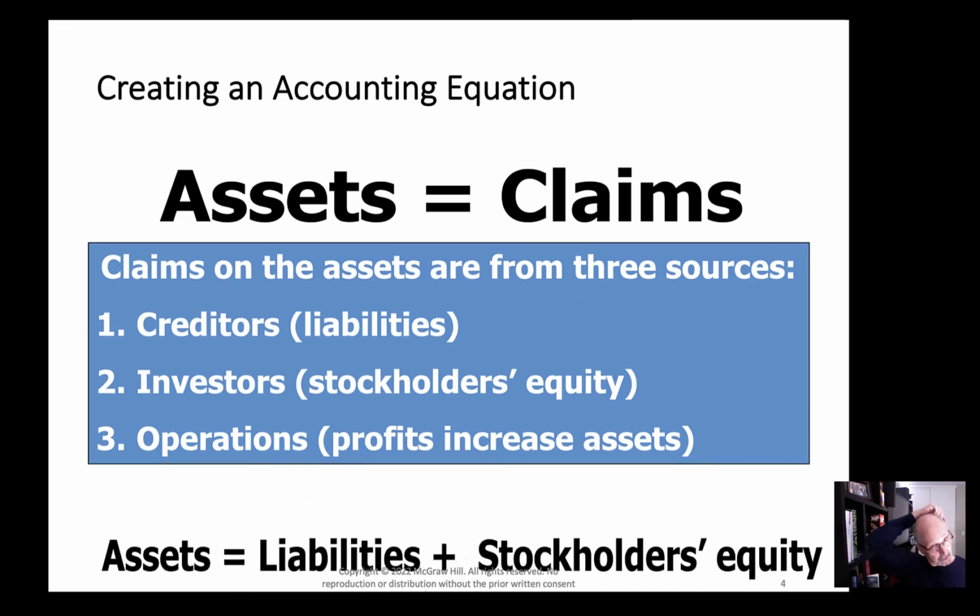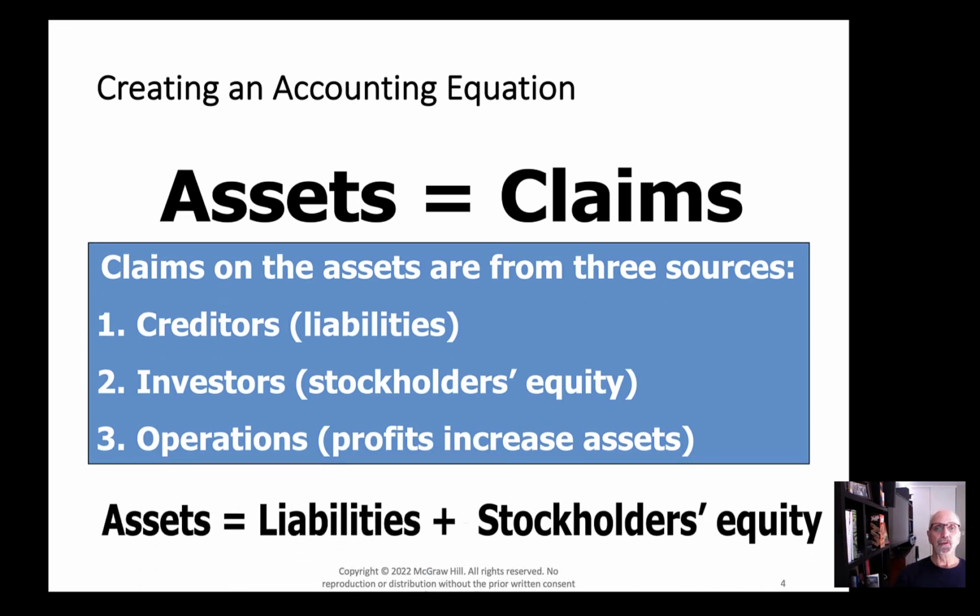Now, another way to look at the accounting equation is through this assets equals claims idea. What that means is that there are two entities that hold claims against the assets. The first set are the creditors.